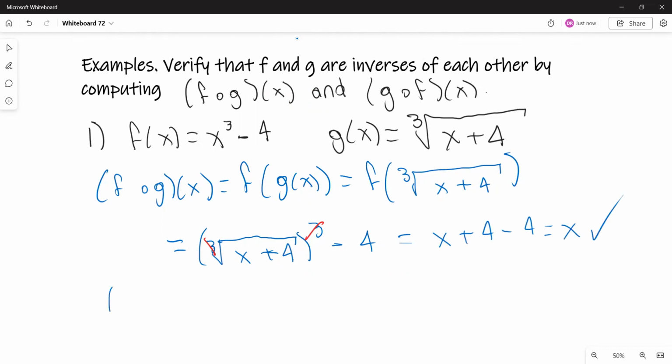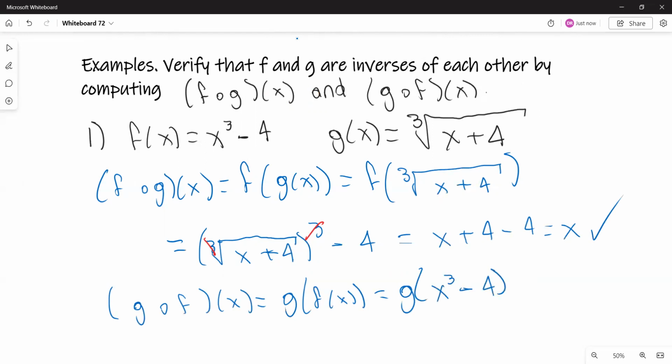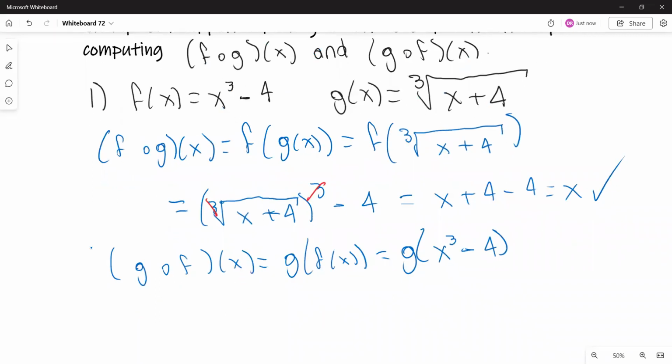We're still going to check the composition of G with F at X. This is G of F of X. F of X is X cubed minus 4. And G is the cube root of the input, where the input is X cubed minus 4, plus 4.